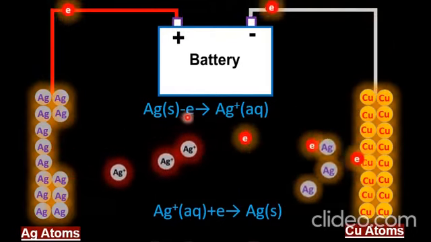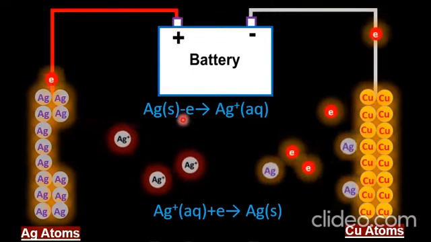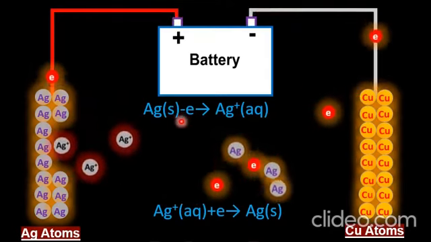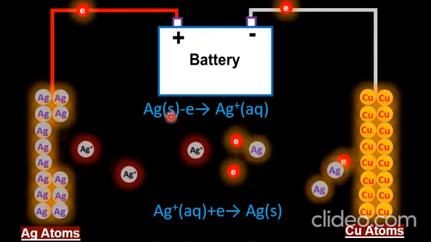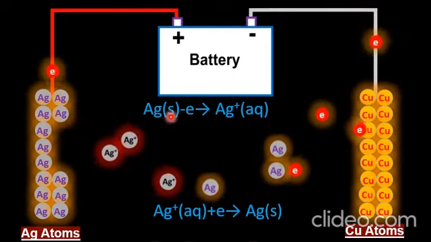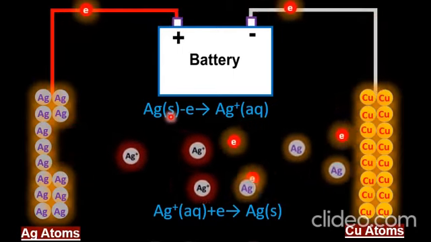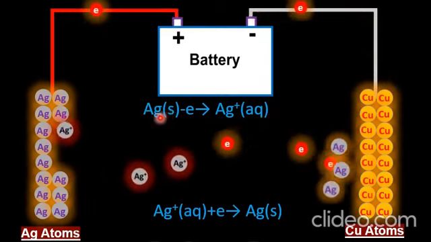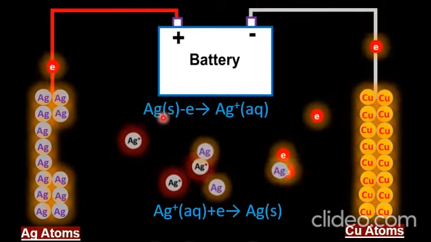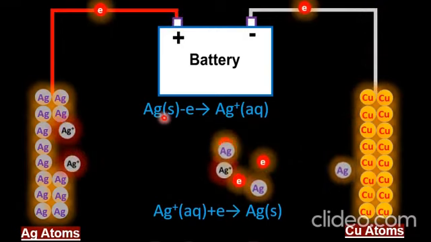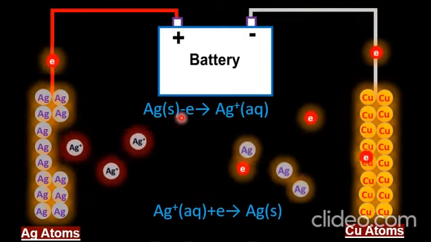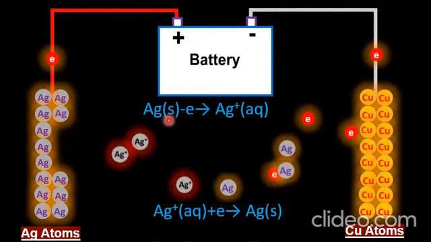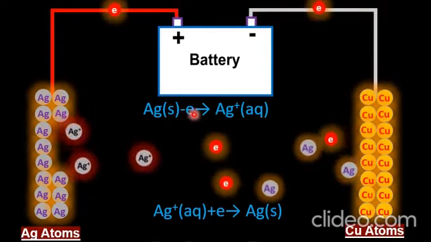Then how can I show that the silver atom, which is in a solid phase and is neutral, is losing an electron without representing a minus sign? What we will do is move this electron to the other side of the chemical equation.